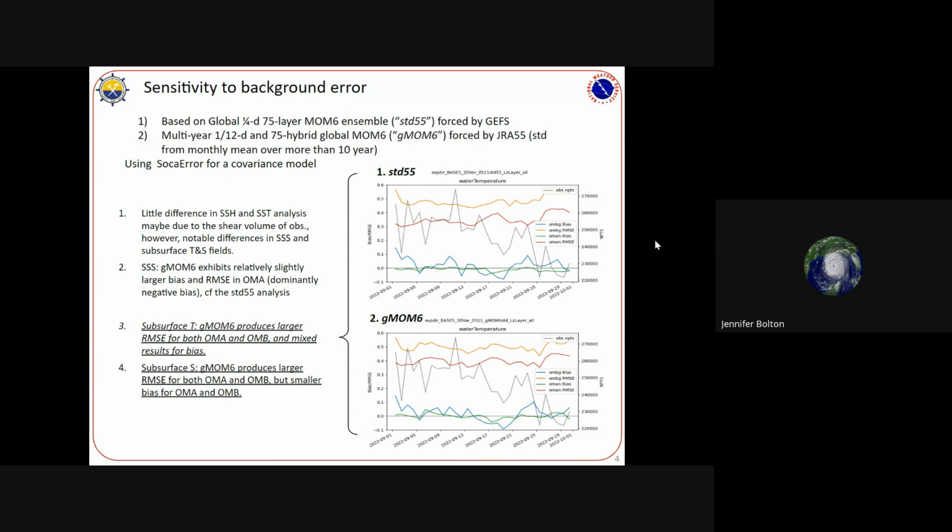So blue, and then analysis bias is in green, with the STD55 in the upper panel and the GMOM6 in the lower panel. So I didn't put a number on it, but in general, the STD55 seems to be performing better. If you look at only the green lines in both figures, it seems to be performing better with the STD. Next.